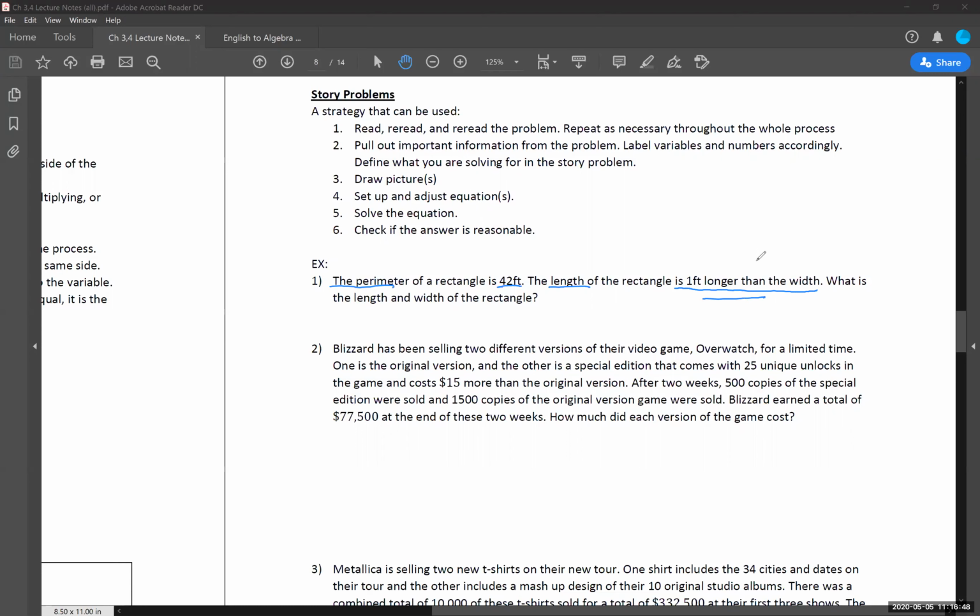And then, what is the length and width of the rectangle? So I'm going to need 2 answers at the end of this problem: the length of the rectangle and the width of the rectangle. If this was the test, I'd probably be giving you the length equals, then a blank box, width equals, and then a blank box, making sure we're filling those in correctly.